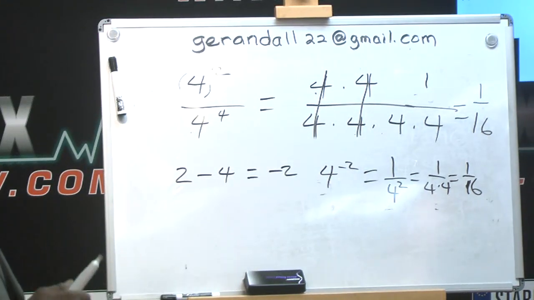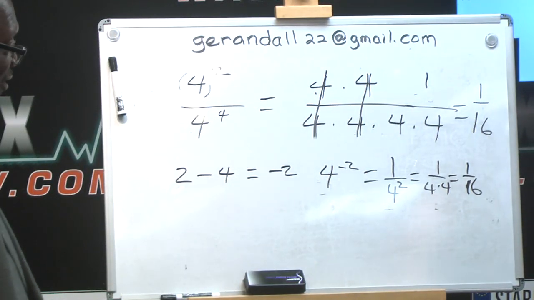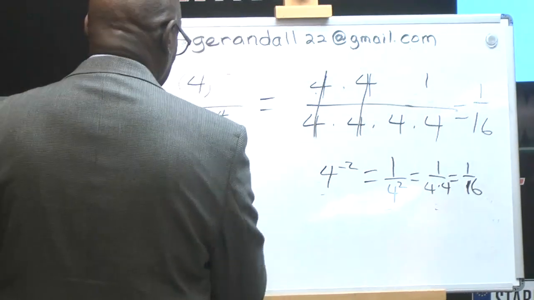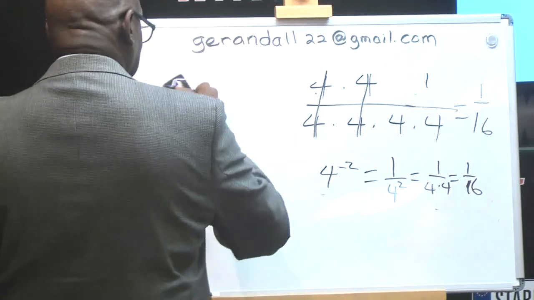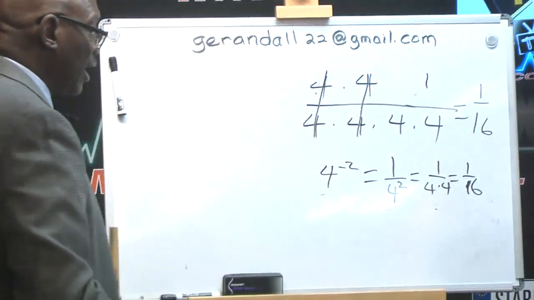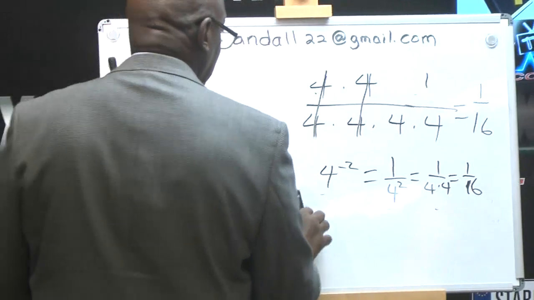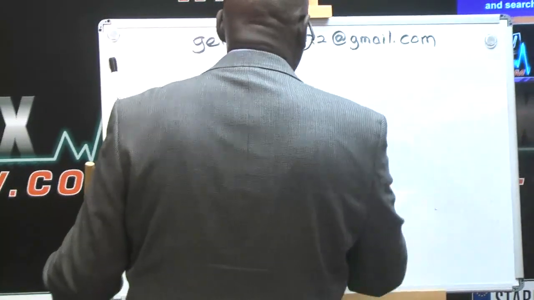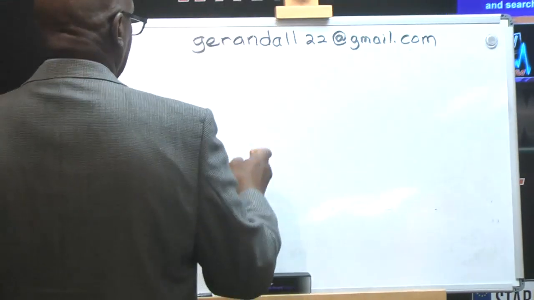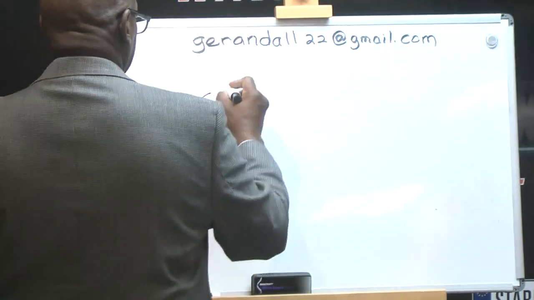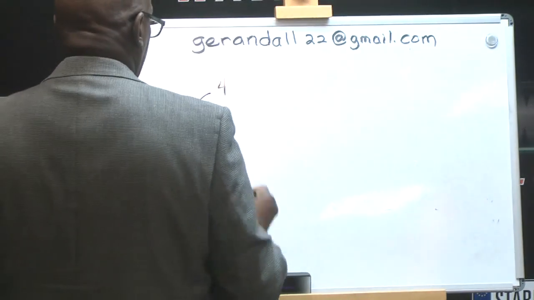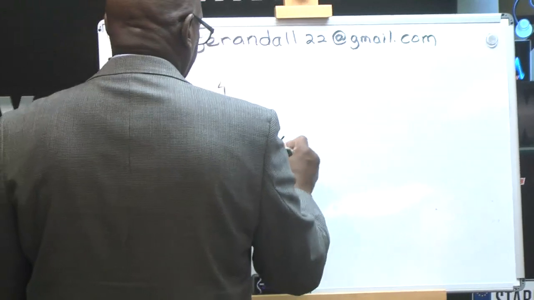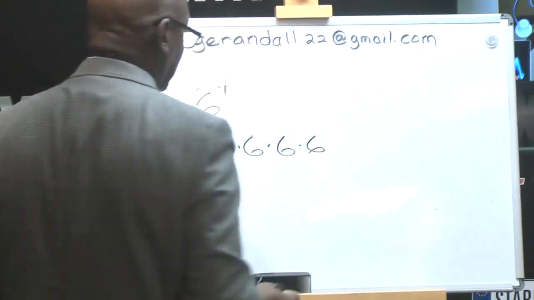Exponents are a little bit different from what we've been doing with our basic division of fractions and basic division. There's a lot more rules involved in using these exponents. So remember, we've got a base, and this is the factor that's repeated, in this case, 4 times.